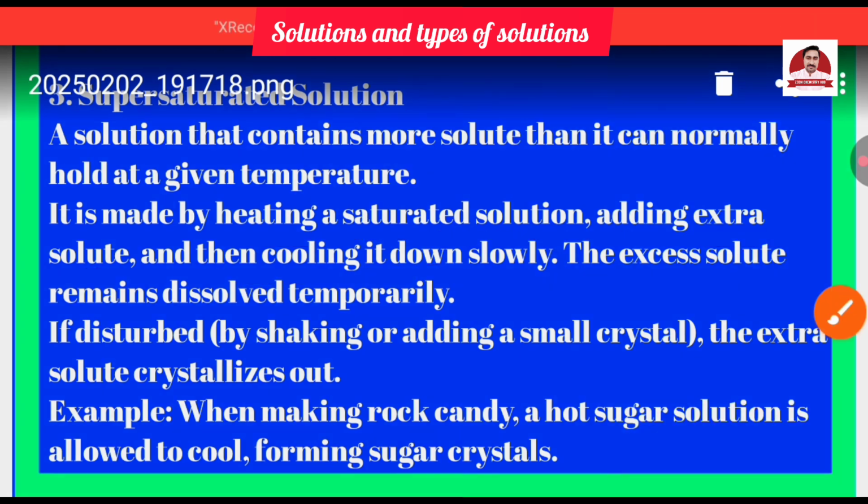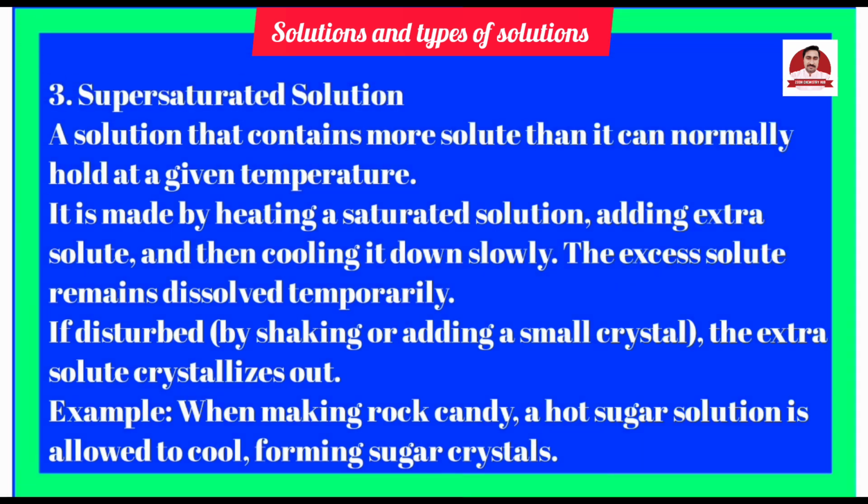The excess solute remains dissolved temporarily, and if we disturb this solution by shaking or by adding small crystals, the extra solute crystallizes out. An example is making rock candy, where a hot sugar solution is allowed to cool, forming sugar crystals.